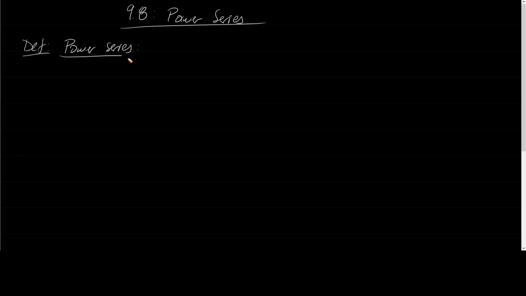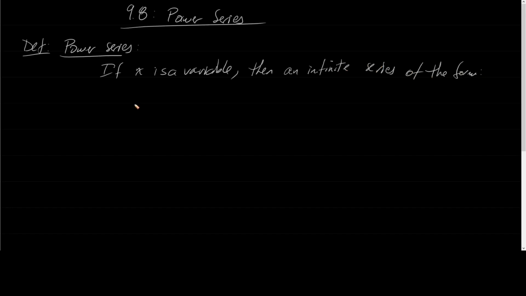So let's put it this way. If x is a variable, then an infinite series of the form, summation from n equals 0 to infinity of a sub n x to the n, right?